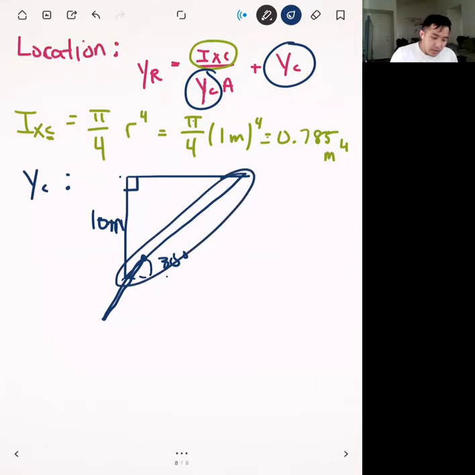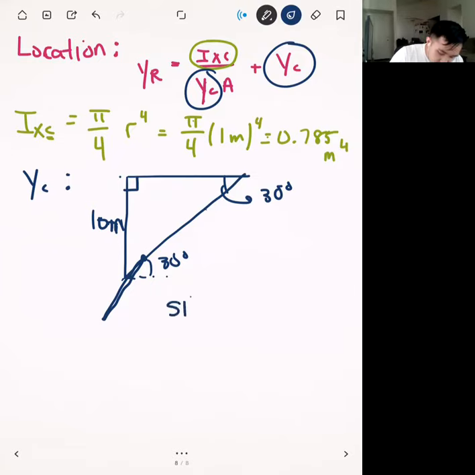So you can do this in a couple different ways, but the way that I'm going to do it is by the parallel line theorem, I think. Since this angle is 30 degrees right here, we know that this angle is also 30 degrees. And if we go by our sine, cosine, tangent rules of SOHCAHTOA, then we know that sine of 30 degrees has to equal the opposite over the hypotenuse, so it's going to be 10 meters divided by YC.